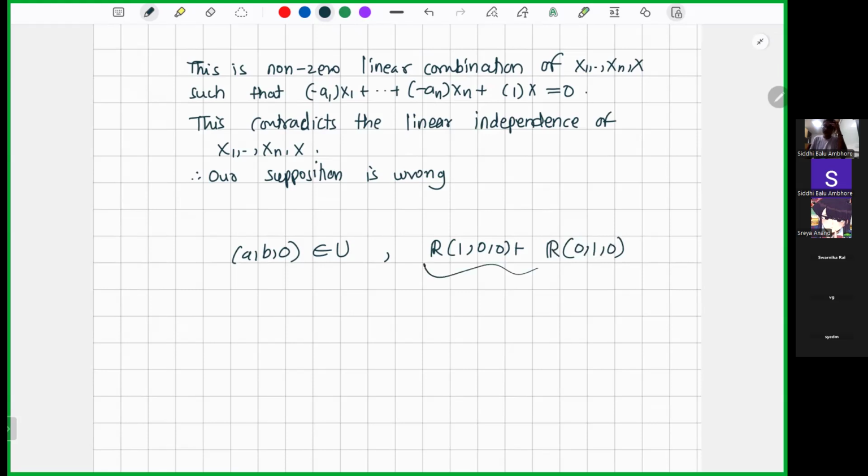So this is now a set. This is my set. This is equal to U, and this is my element.